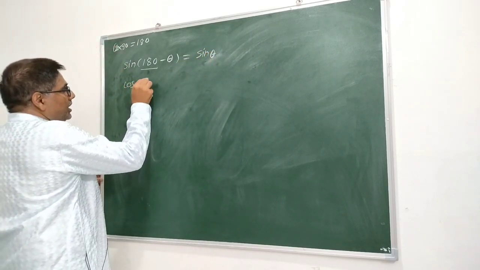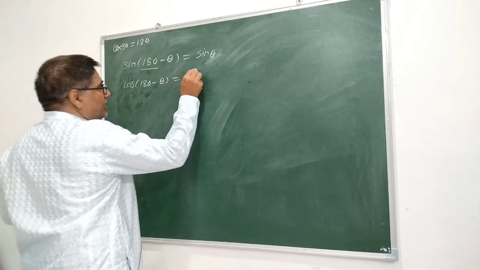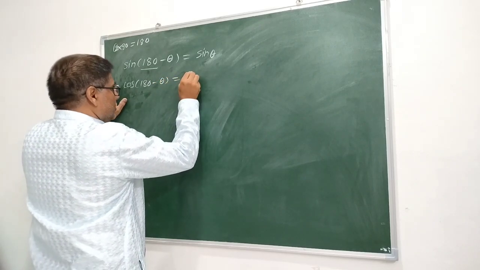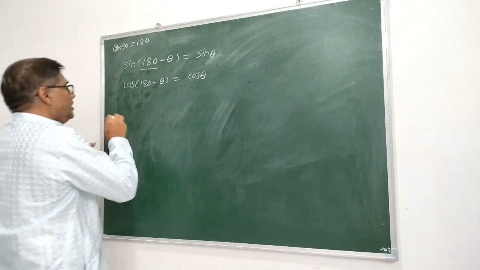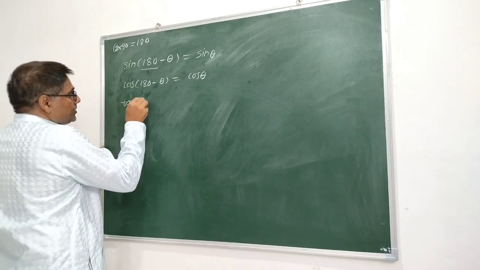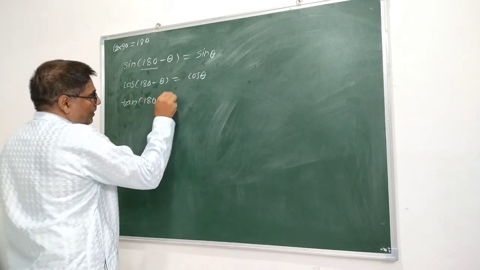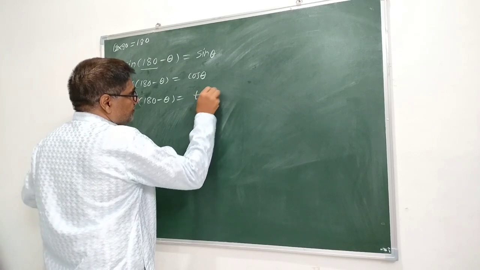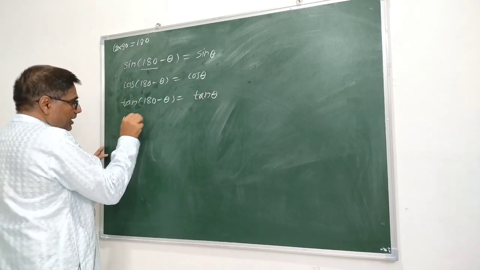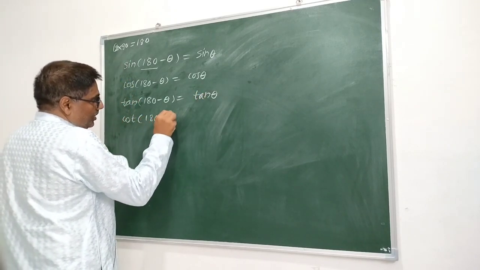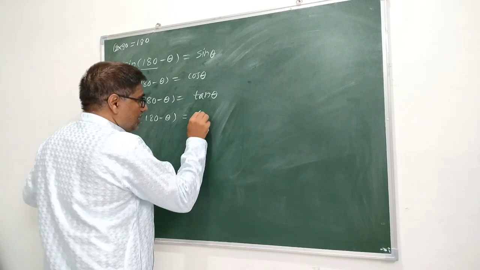Cos 180 minus theta will be cos theta only. Then tan 180 minus theta is tan theta. Cot 180 minus theta is equal to cot theta.